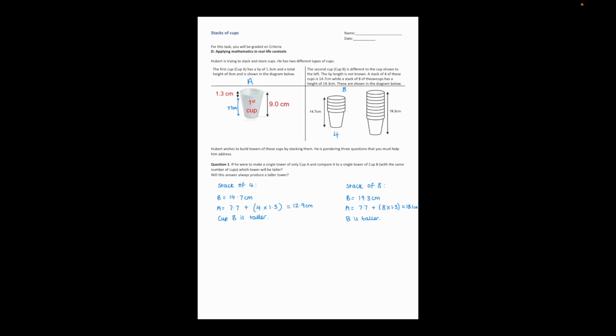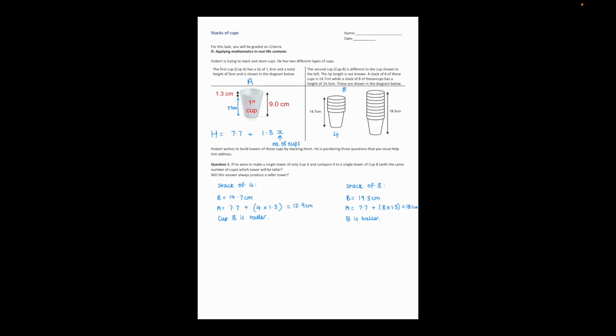And that's the same thing each time. So the equation is that the height is equal to 7.7 plus 1.3, which is the lip size, lots of x, where x is the number of cups.